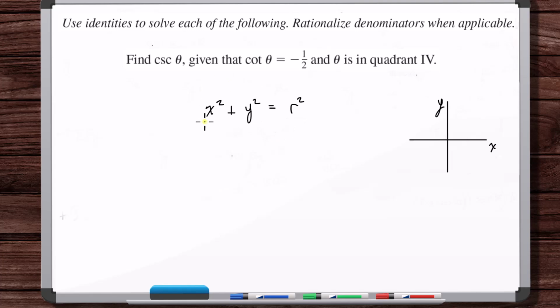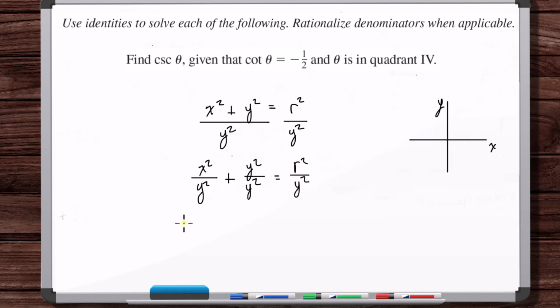So we want to divide everything by y squared, because x divided by y is cotangent and r divided by y is cosecant. So we've got x squared divided by y squared plus y squared divided by y squared is equal to r squared divided by y squared.